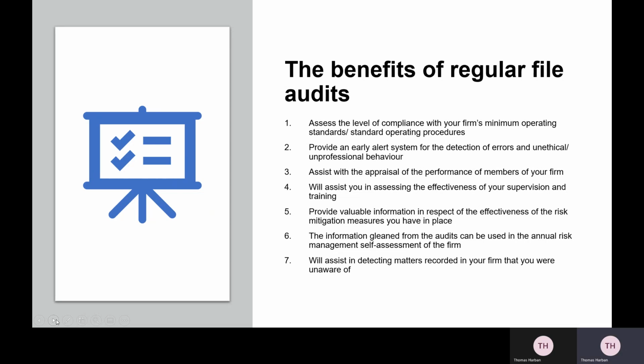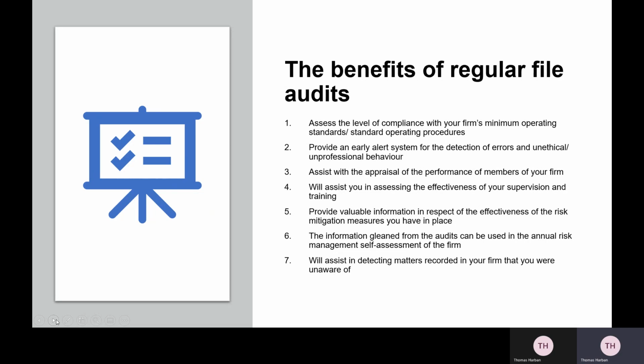Because certain types of behavior, if you try and hide them, you will only be digging a hole for yourself, because they'll come out in future. You can use this when you're doing the performance appraisals for your staff.